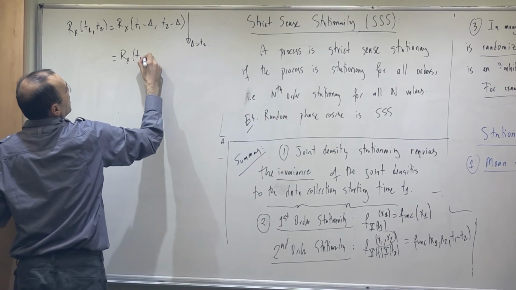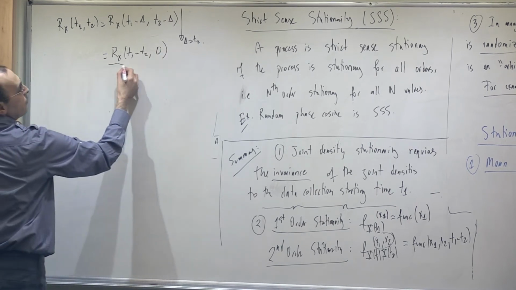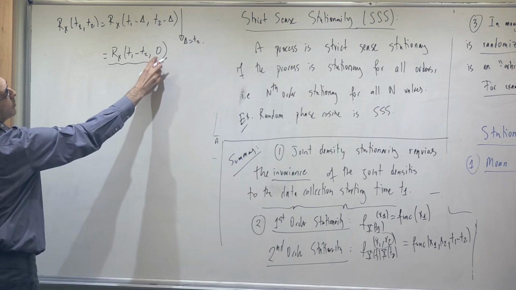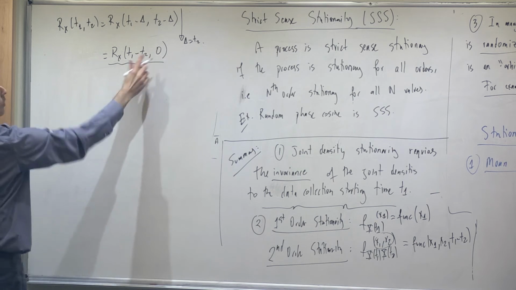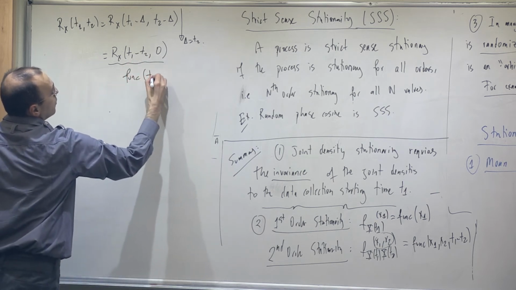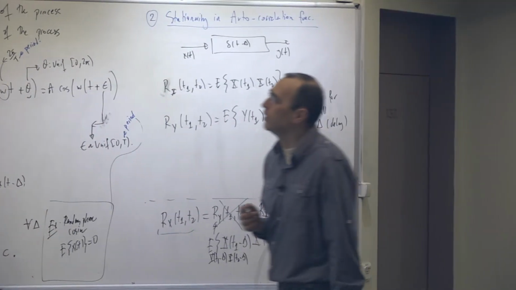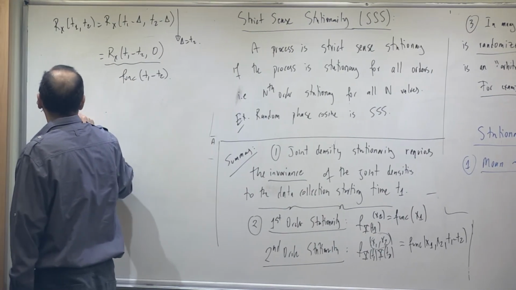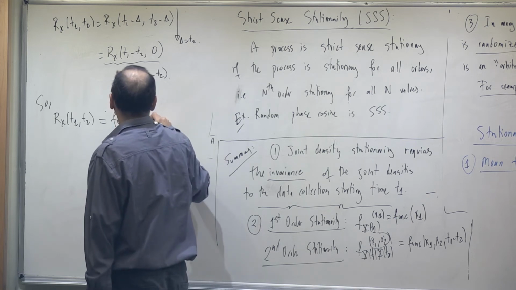Then I see the following: Rx(T1 minus T2, 0). So clearly this is a function of T1 minus T2, because I can always make the second argument 0. Again, offset of sampling time instance, those kinds of ideas. So Rx(T1, T2) should be a function of T1 minus T2 for stationarity in the autocorrelation.